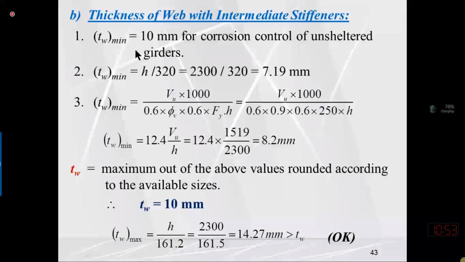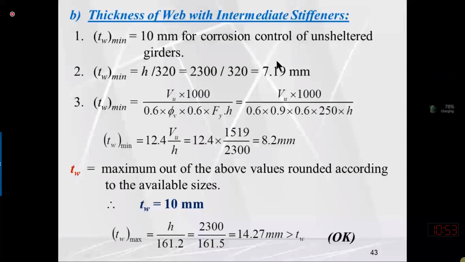So minimum thickness of the web is determined by three equations, or by three criteria we have already studied. So TW1 is based upon corrosion resistance. We are given unsheltered condition, so this value will be 10 mm.